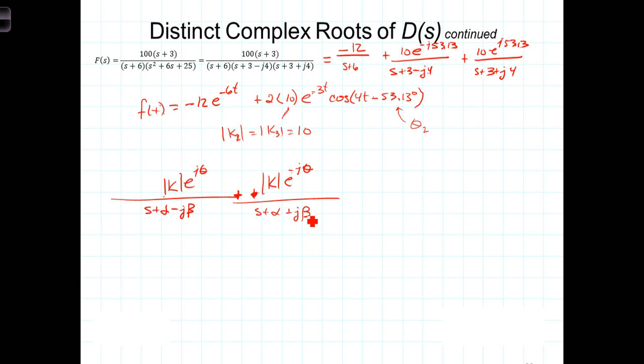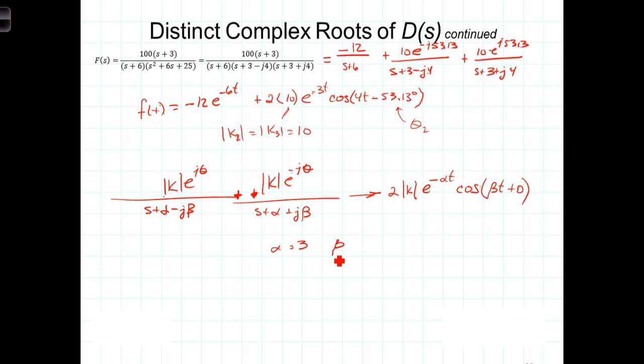And what we've then demonstrated and pointed out is that this, in the complex Laplace domain, corresponds to, in the time domain, 2 times the magnitude of K e to the minus alpha t cosine of beta t plus theta, where in our current example alpha is equal to 3, so it's e to the minus alpha t.